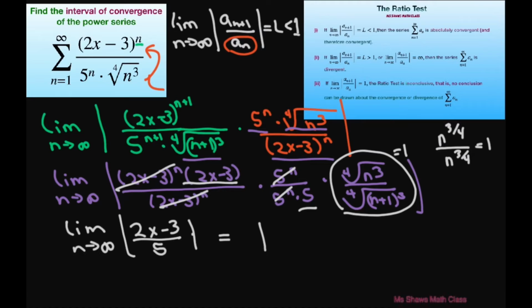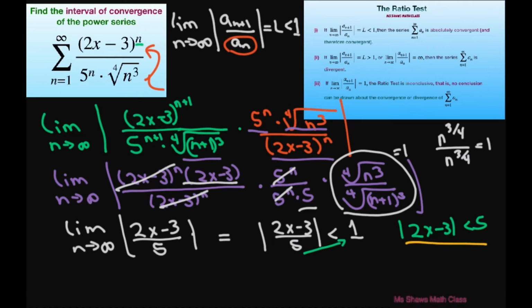Now we take our absolute value of (2x minus 3) divided by 5 and force it to be less than 1. Cross multiply, and we're going to have the absolute value of 2x minus 3 is less than 5. Now by definition of absolute value, you're going to have 2x minus 3 is less than 5 but greater than negative 5.